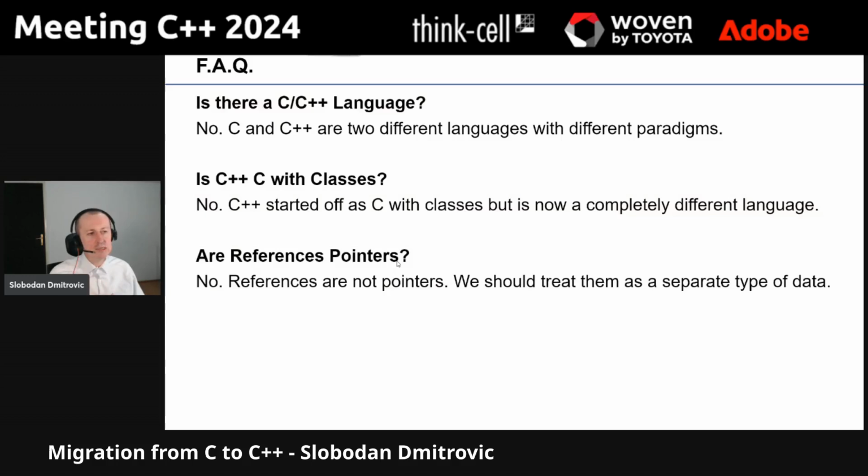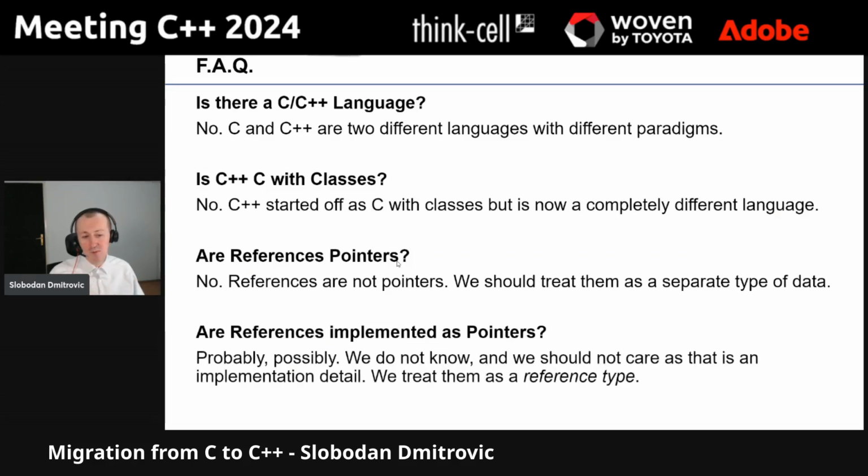The story goes on. And then when I say that references are not pointers, they like to ask me, are references implemented as pointers? And I should give an answer that we don't know and we don't care. And actually, we don't know and we don't care, as that is an implementation detail, and the C++ language doesn't specify too much about how references are implemented.